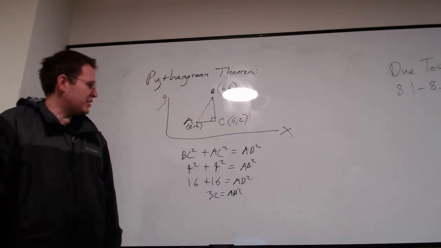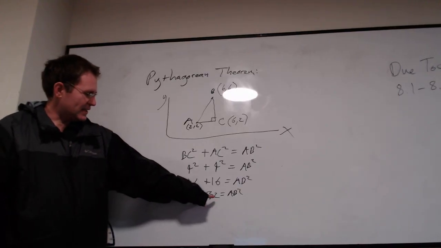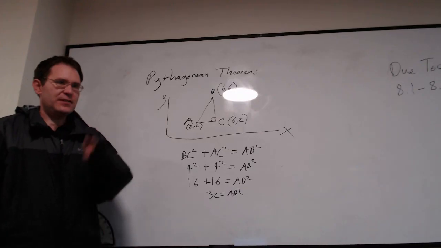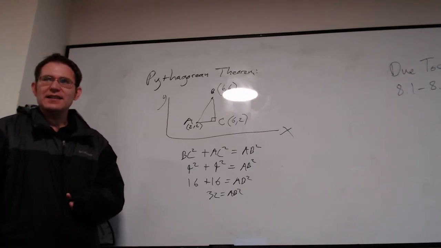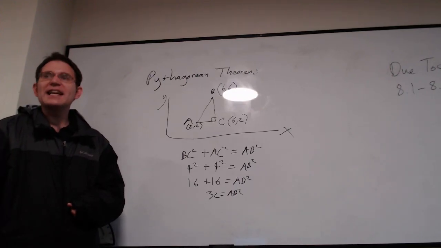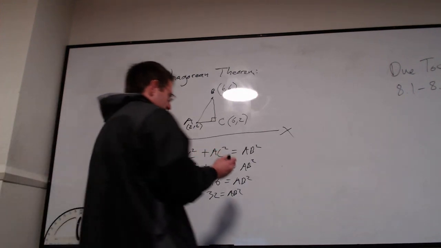So based on what we just did, what is AB equal? Give it as an exact number. Oh, yes, that would be the square root of 32. Exactly. Yep.